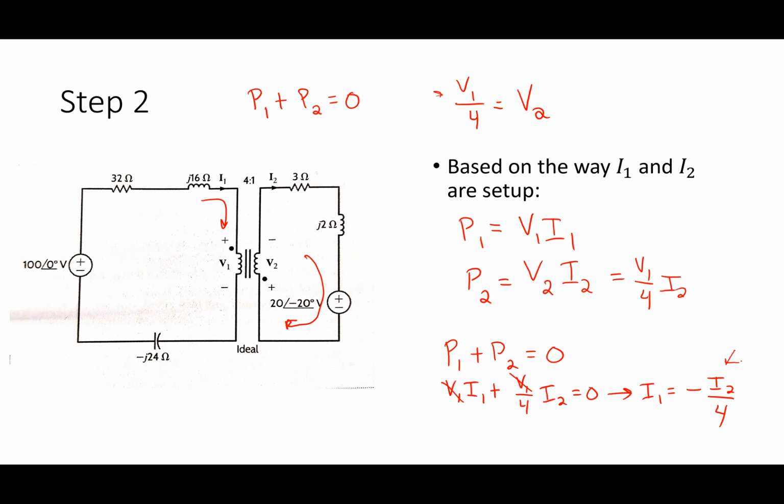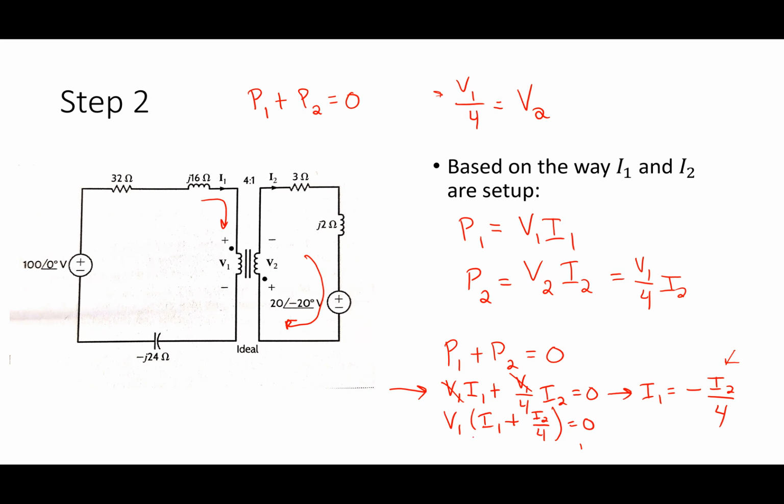Yeah, how did the V1 cancel out? Well, I have a V1 in both terms here, so I can say V1 times I1 plus I2 over 4 equals 0. I have the product of two things equal to 0, and V1 should not necessarily ever be equal to 0.